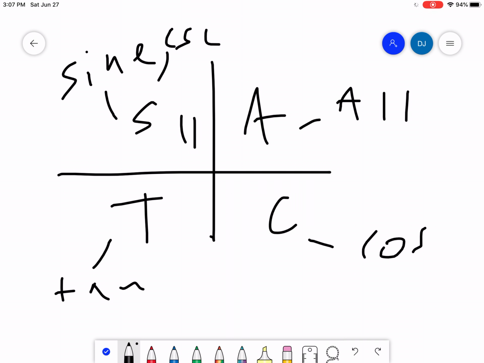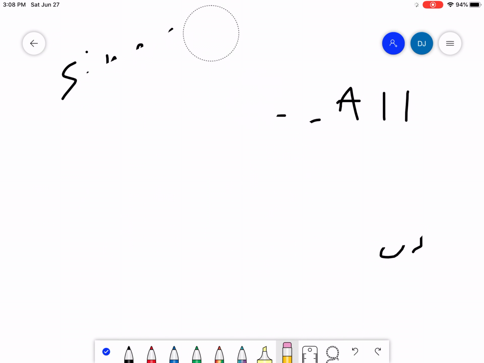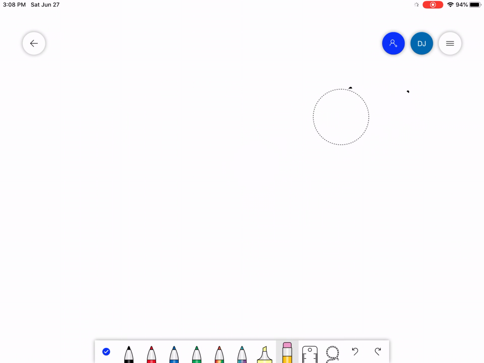Tangent and its reciprocal, cotangent, will be positive in quadrant 3, and the rest will be negative. And cosine will be positive in quadrant 4, and the rest will be negative in quadrant 4.